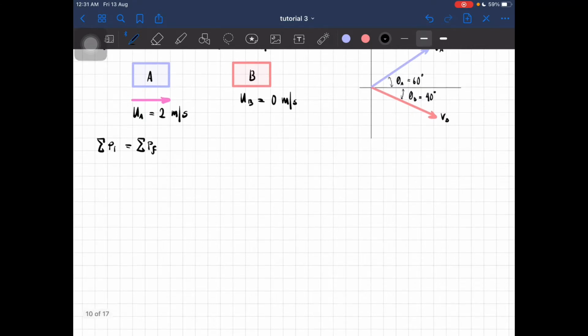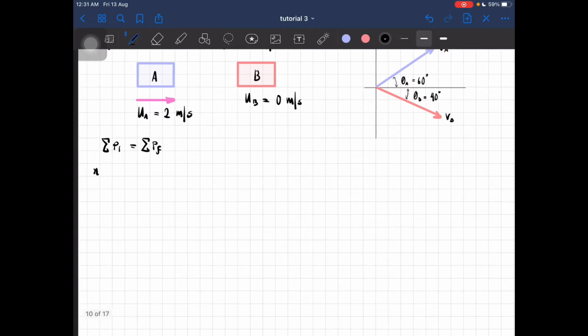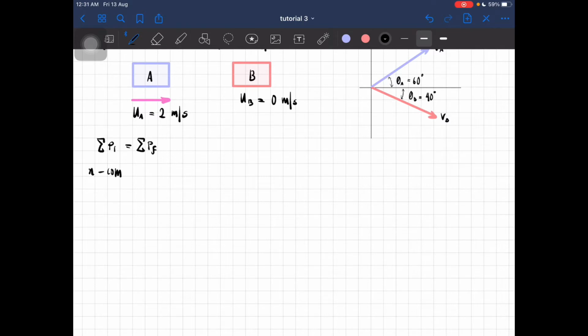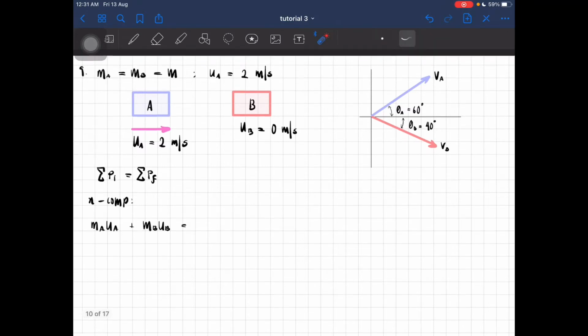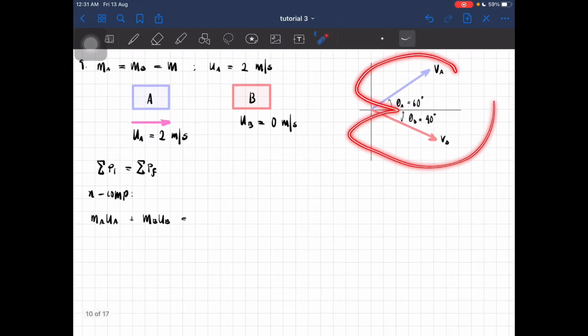So for the x component, initially it moves along a horizontal line, so initially it is just the usual MA UA plus MB UB equal to, now we have y and x components.